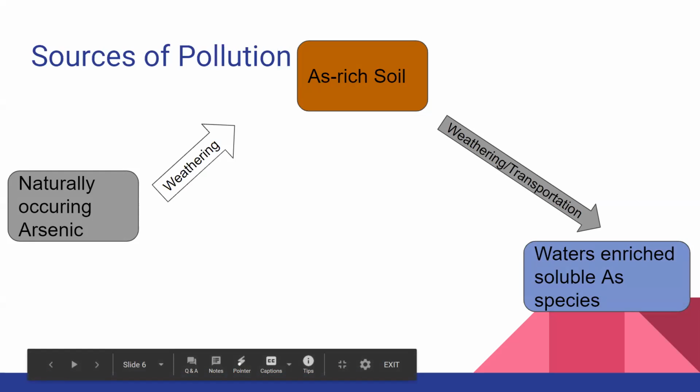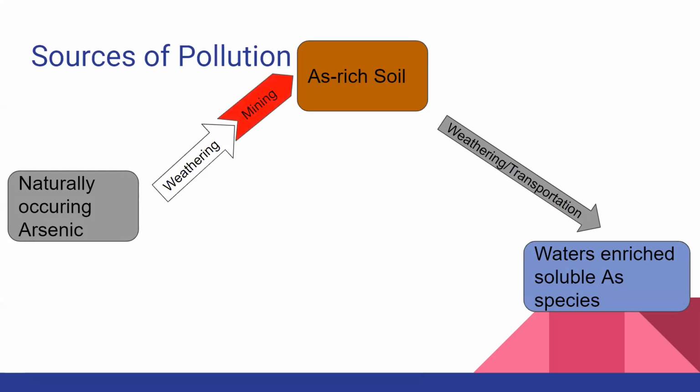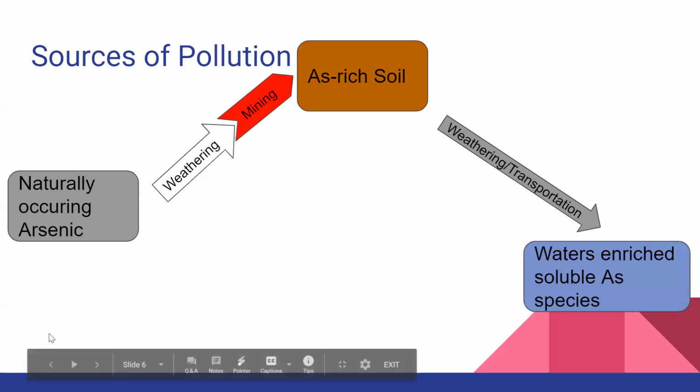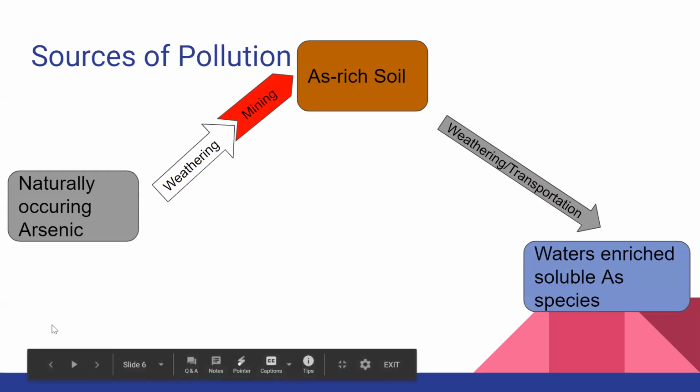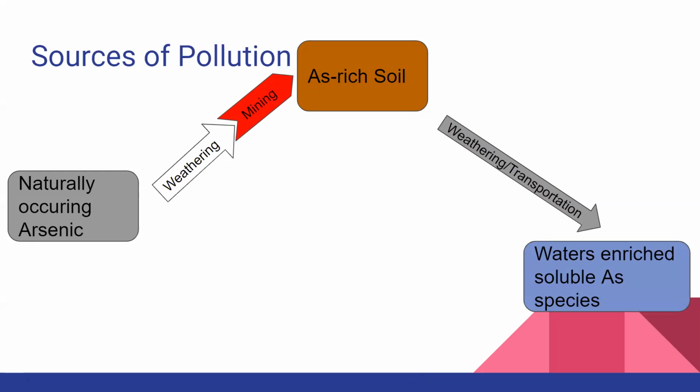And what mining does is that it accelerates this weathering process, essentially from more exposure that these minerals are getting to weathering. And so that increases the amount in the soil, which in turn increases the amount that's ending up in our waters.